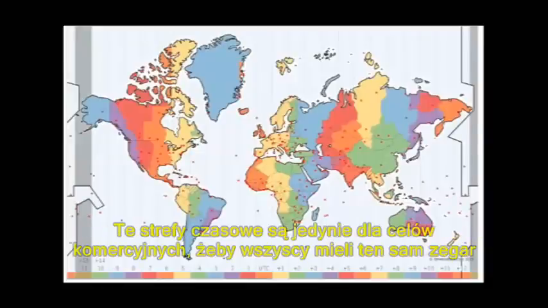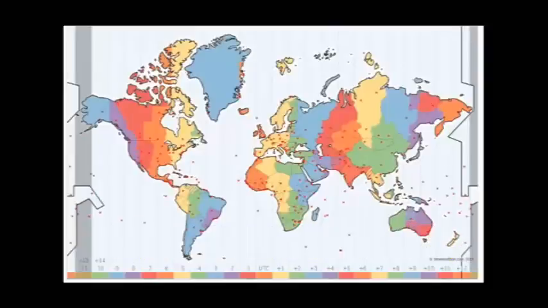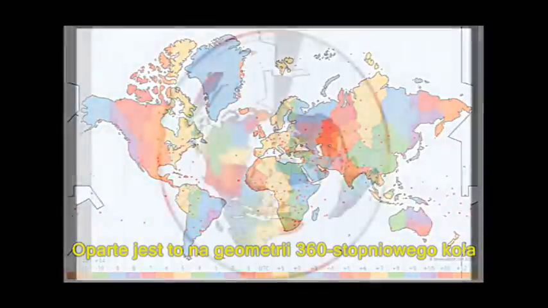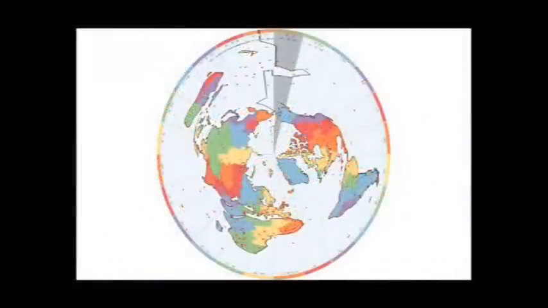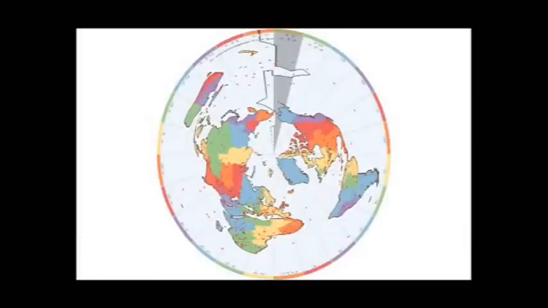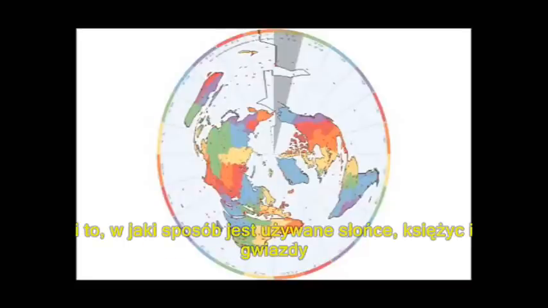These time zones are purely for commercial purposes, to have everybody on the same clock, and it is based on the geometry of a 360-degree circle, which you can divide up into your different time zones, segments that represent a clock face, and this is how the sun, moon and stars are used too.